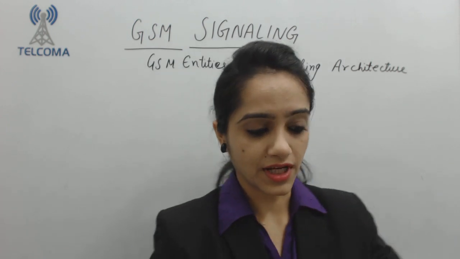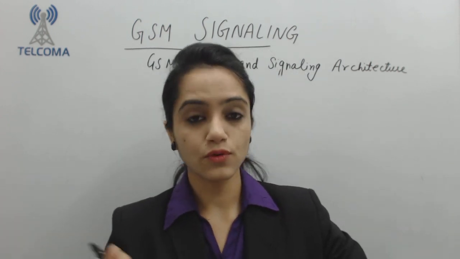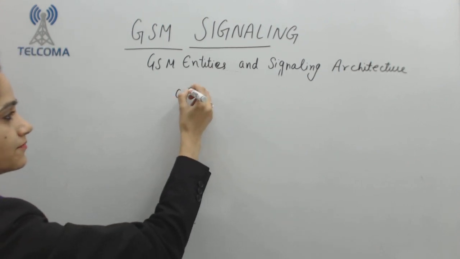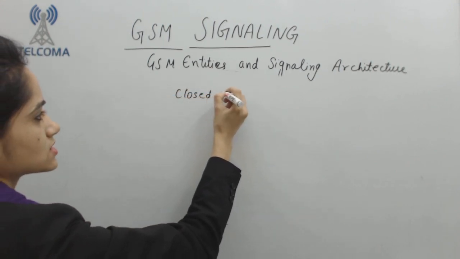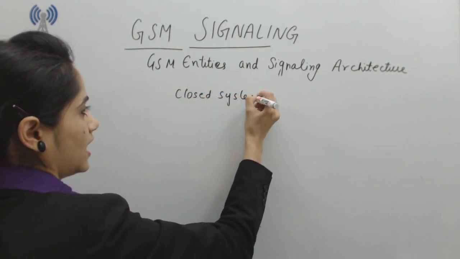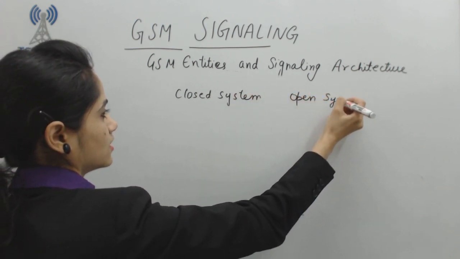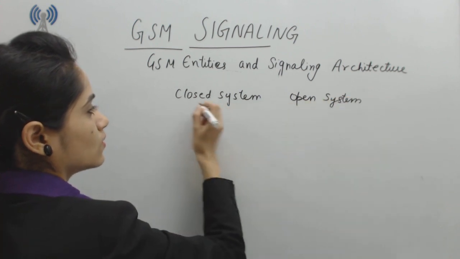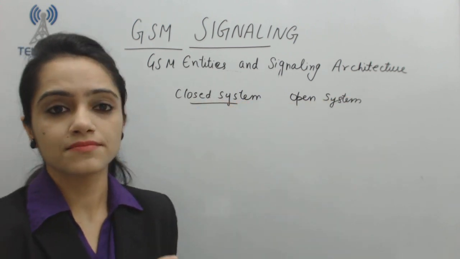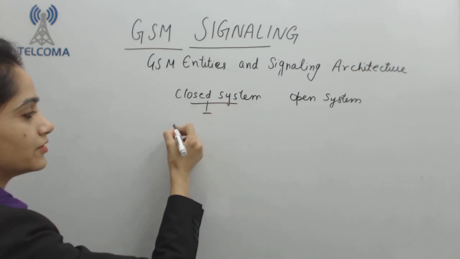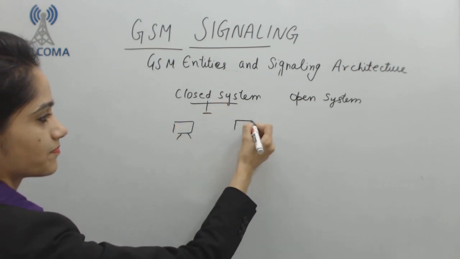Now for computer networks, we have two types of systems: closed systems and open systems. A closed system is a system in which we don't have compatibility between two different systems.